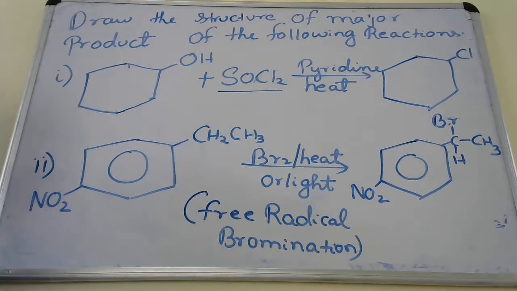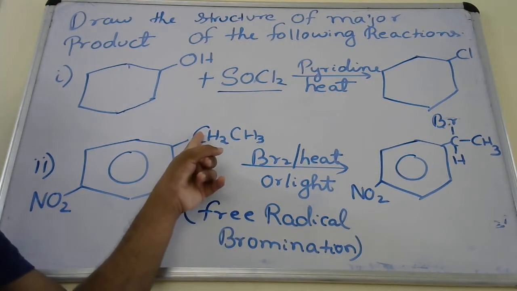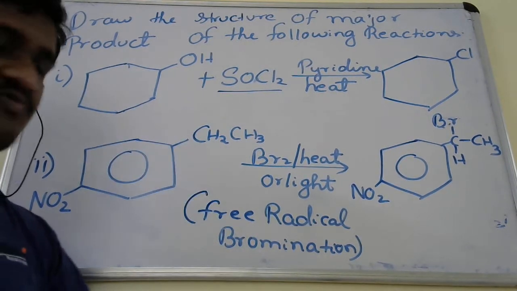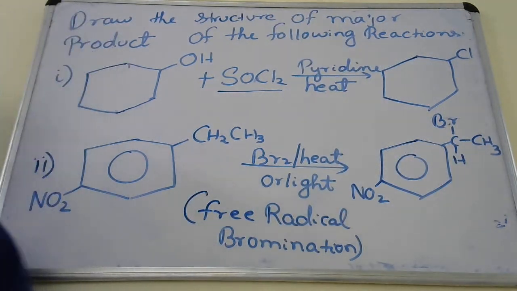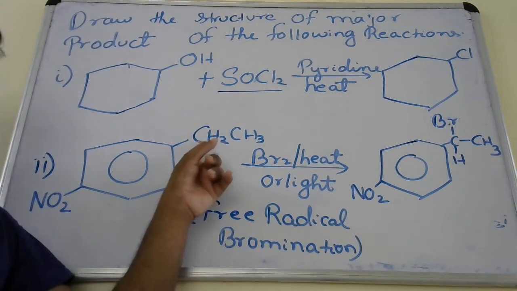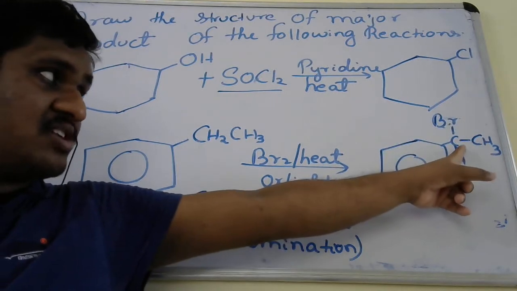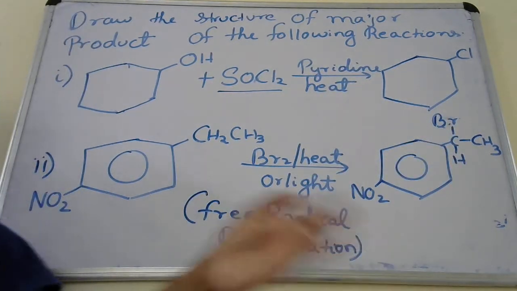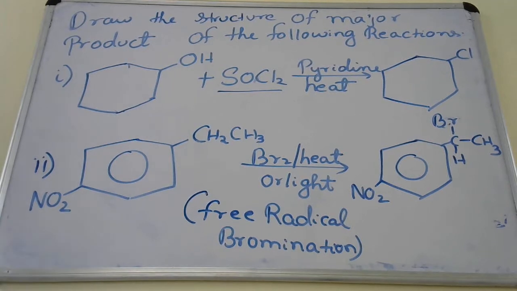Since bromine is attached here, to maintain the tetravalency one hydrogen was removed. Bromine is attached at the secondary carbon and one of the hydrogens is removed from there to maintain the tetravalency, and hence this is your answer.